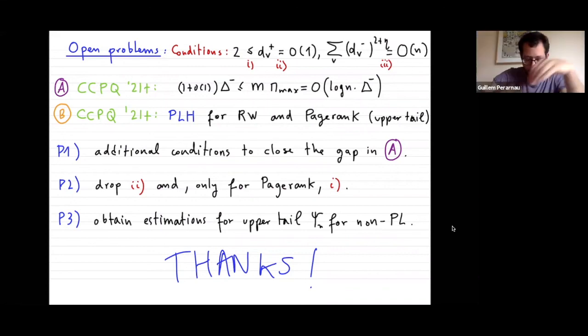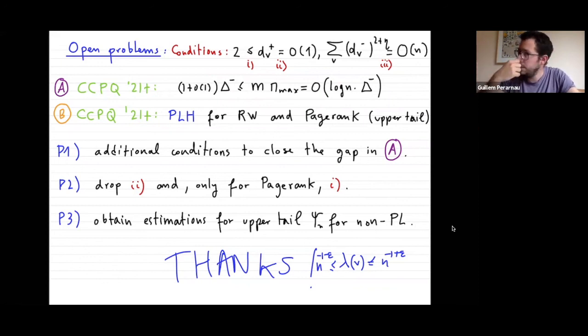Yeah, so our condition is something like lambda of b should be between n to the -1 plus epsilon and n to the -1 minus epsilon. So you can allow for subpolynomial deviations. The problem otherwise is that if you put a teleportation probability that is very likely to go to a particular vertex, suddenly you are really changing the popularity of this vertex, and then pi max could change a lot.